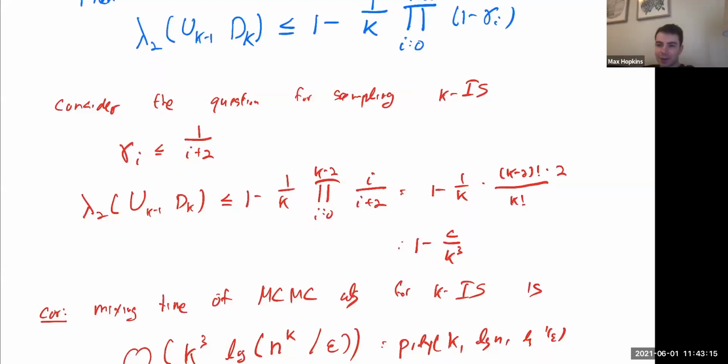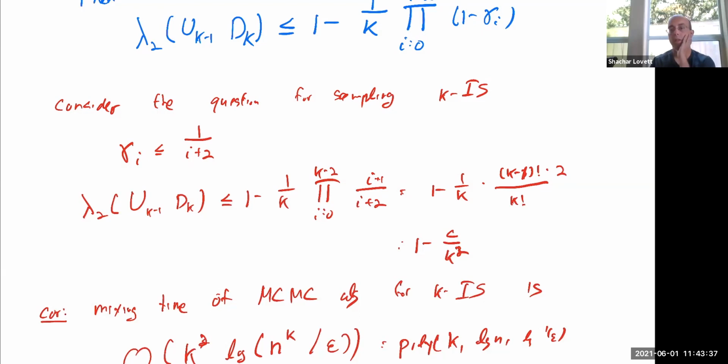Oh yeah, you're right. I think you're supposed to get a better bound. Somehow I made a mistake here. You're right, my bad. This should be k minus 1 factorial. This should be k squared. You're right. This is k squared. My mistake.